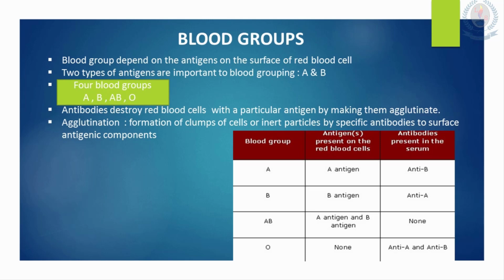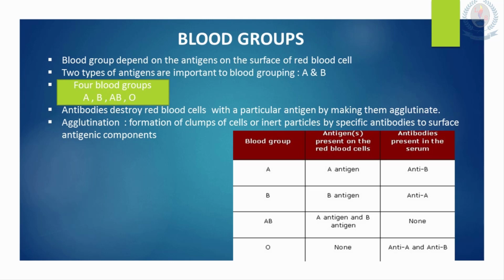There are two types of antigens which are important to blood grouping: A antigen and B antigen, and those antigens are normally glycoprotein or carbohydrate molecules. And there are 4 blood groups: A, B, AB and O.